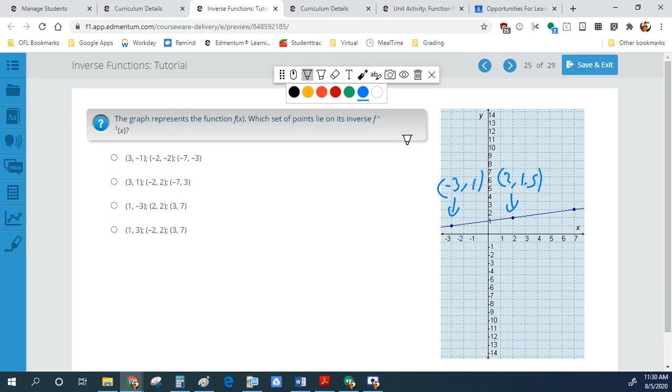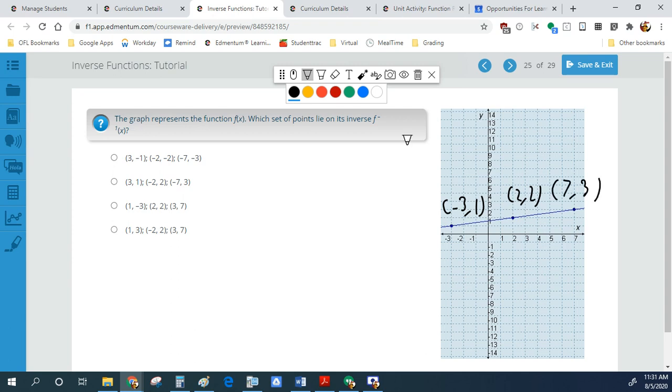Am I looking at this wrong? I am looking at this wrong. I'm sorry. For some reason they have the numbers above the line. So I was right on this one. This one was -3 comma 1. This one is 2 comma 2, and this one is 7 comma 3.